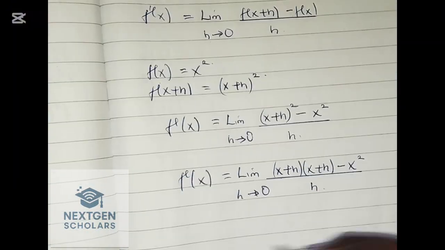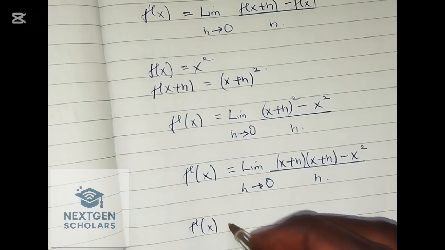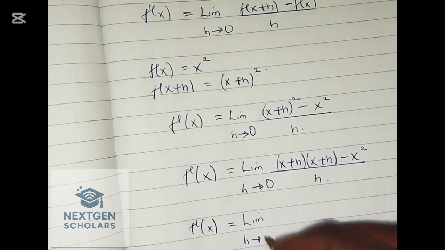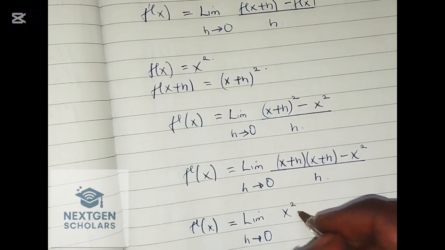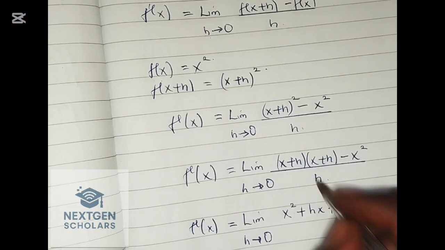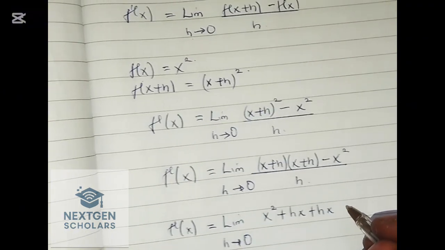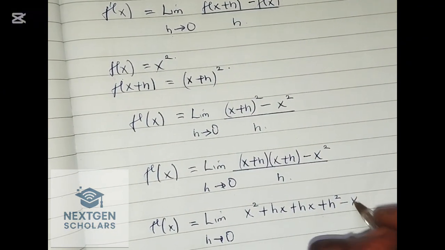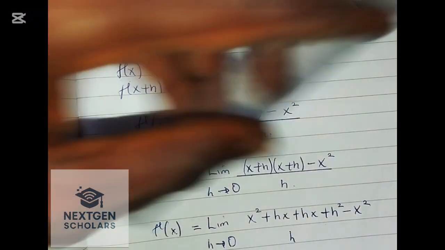So let's expand that. x by x gives us x squared. x by h gives us hx. h and x gives us another hx. And h by h gives us h squared, minus x squared, all over h.